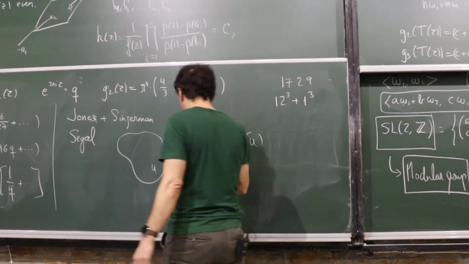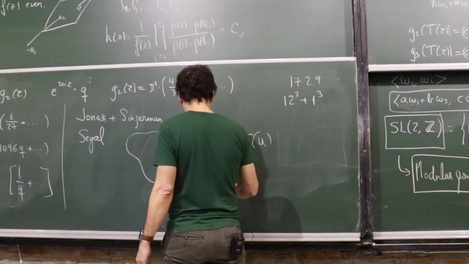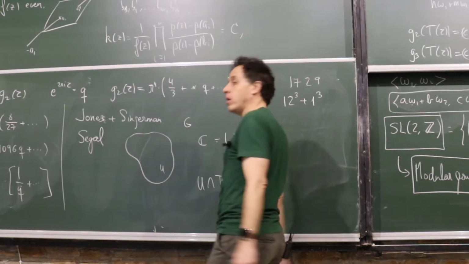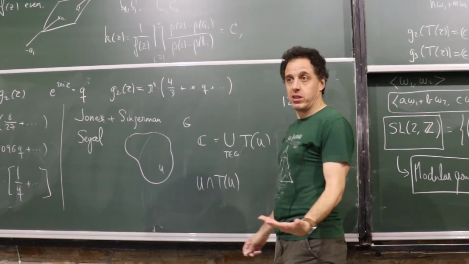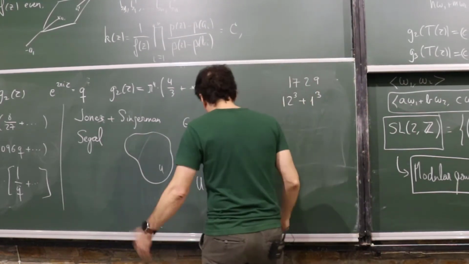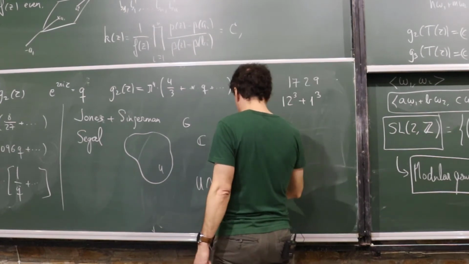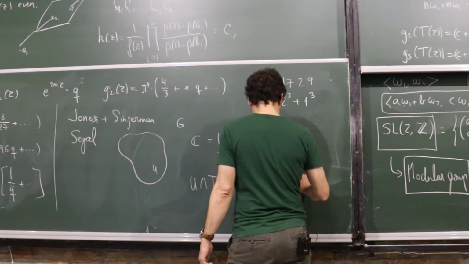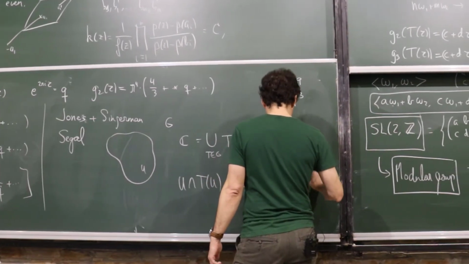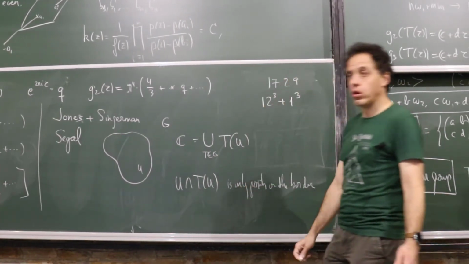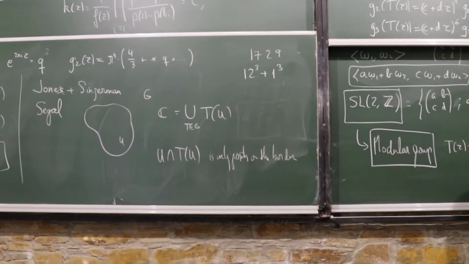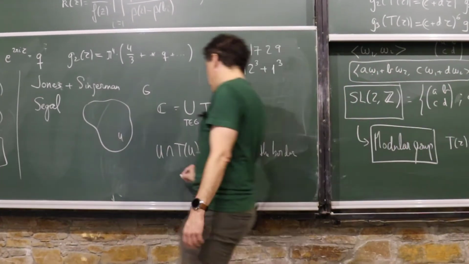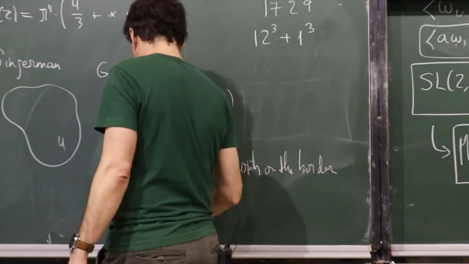For instance, U and T of U have no interior points in common. Okay, they overlap only in the border, only in points on the border. So the interiors don't overlap, if T is different from the identity, of course.